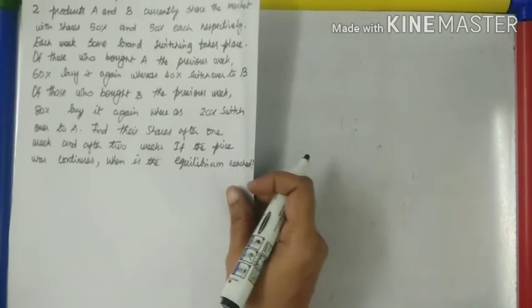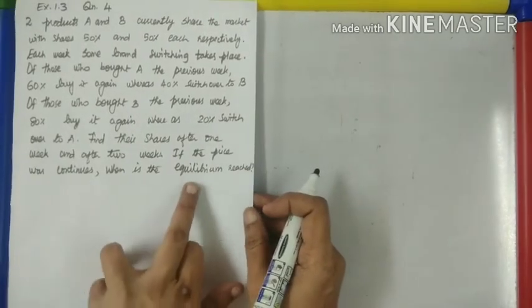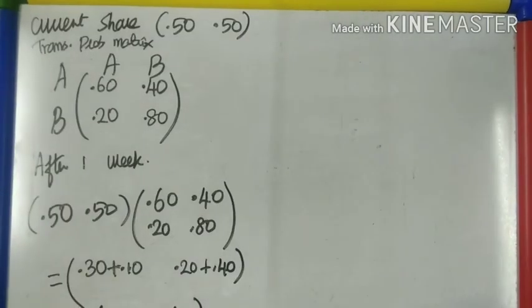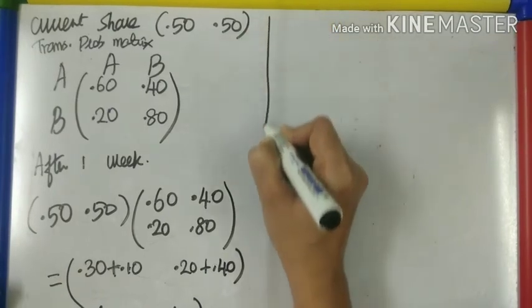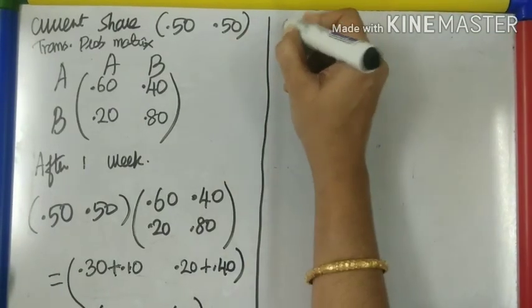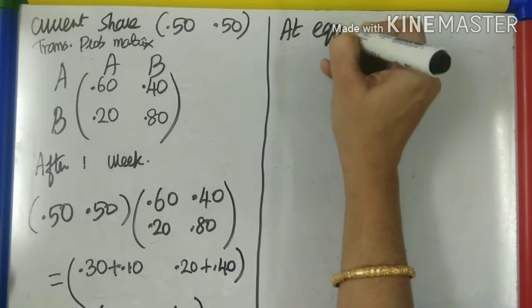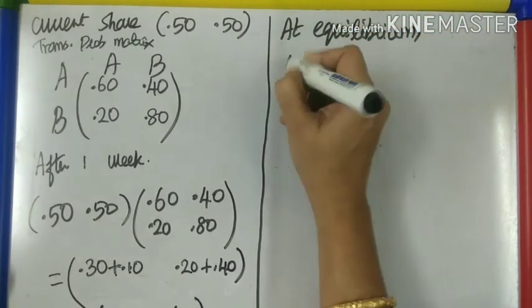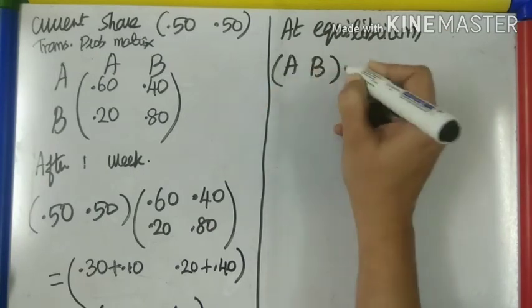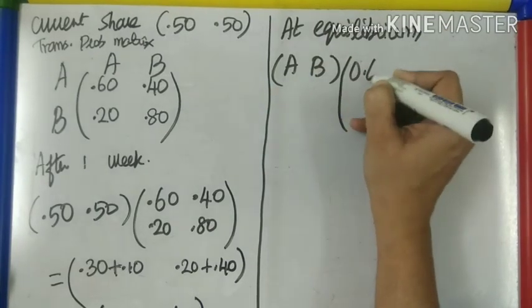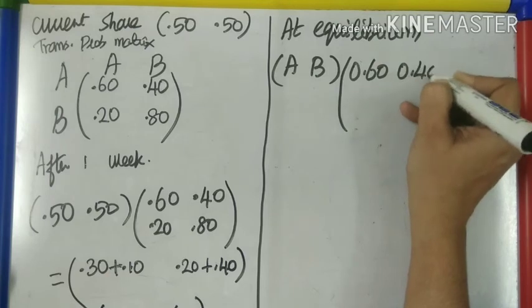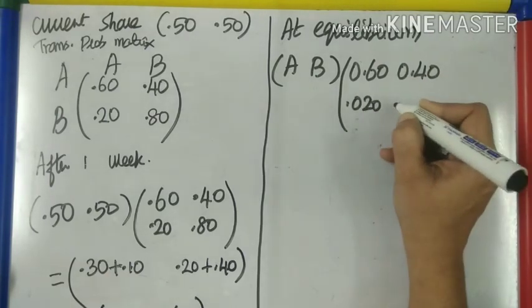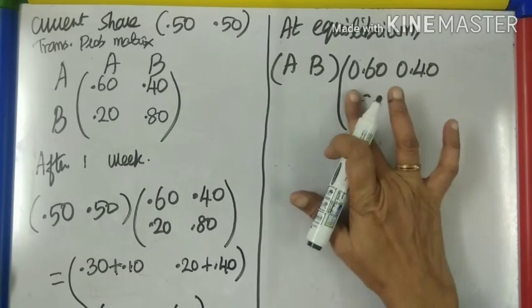Now the question is, when is the equilibrium reached? So when you want to write at equilibrium, let us remember at equilibrium. You start with AB, you multiply with a matrix, again you get only AB.